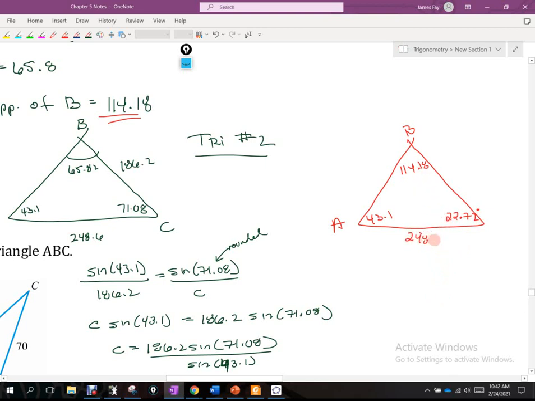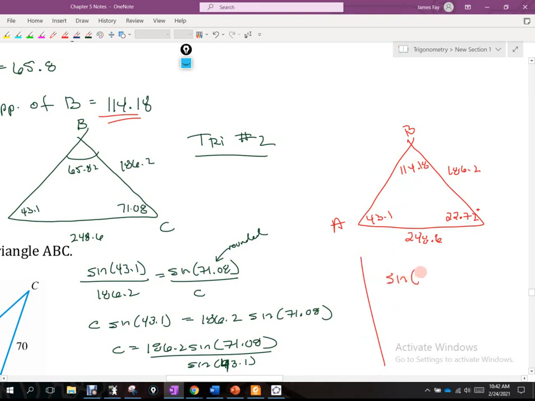This would be 248.6, and this is 186.2. Okay? Again, like I said, this should be an obtuse angle. It doesn't look like it, but I don't care because I'm only using the picture to realize what is opposite one another.